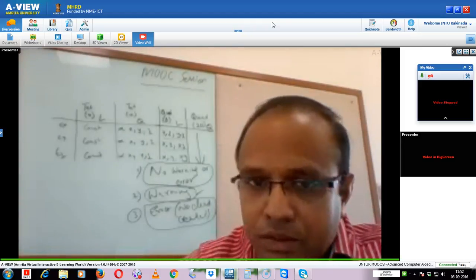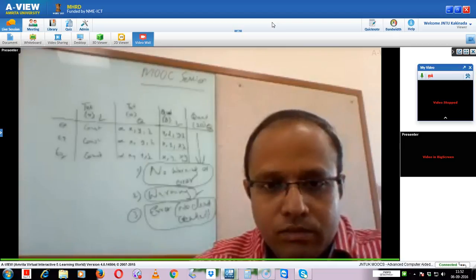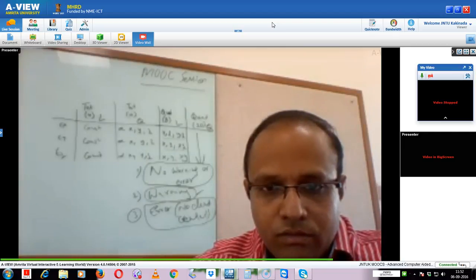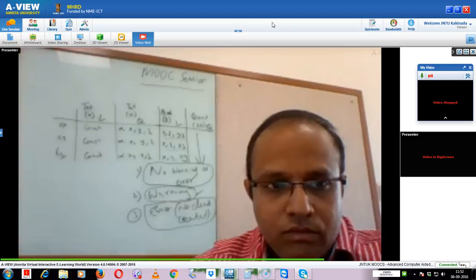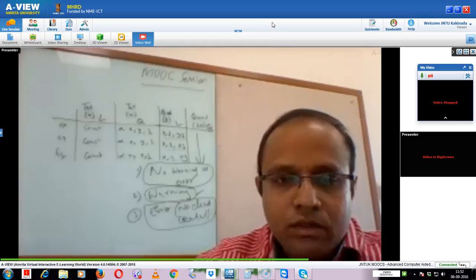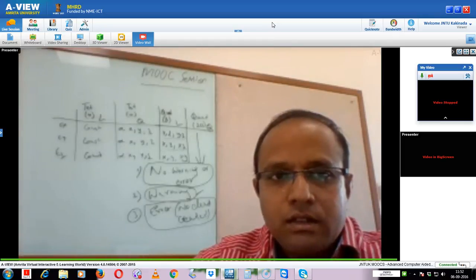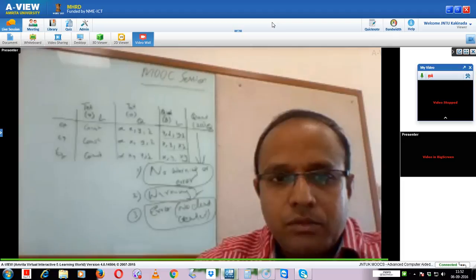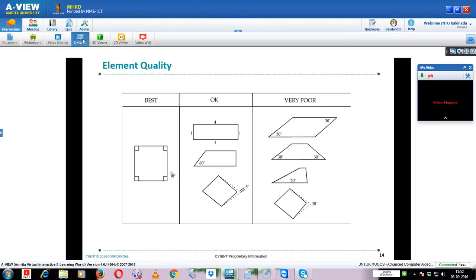Some of the element shapes we have listed here. This is the very best quality element, a perfect square, and these shapes are okay, and these are very poor elements.